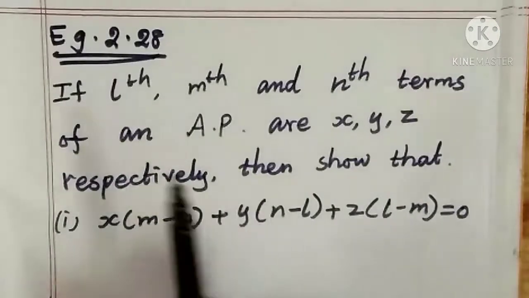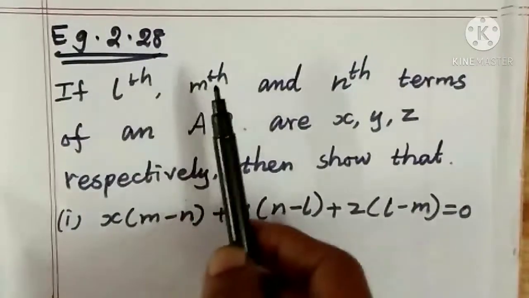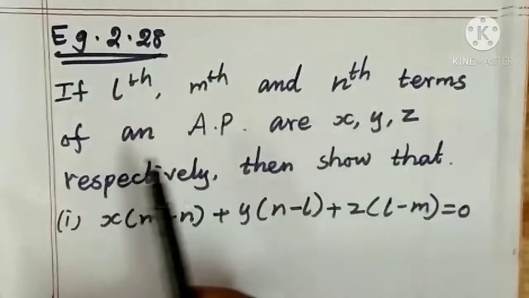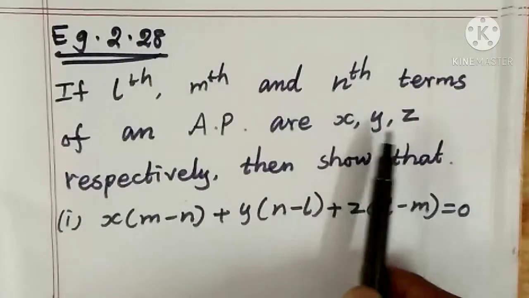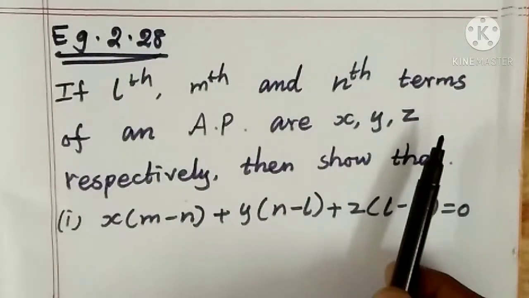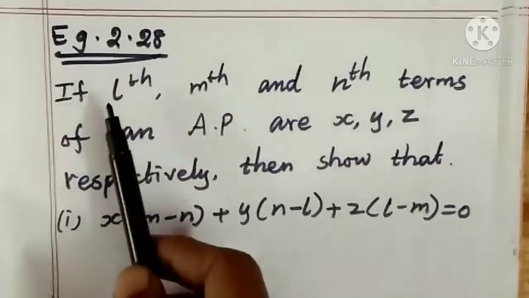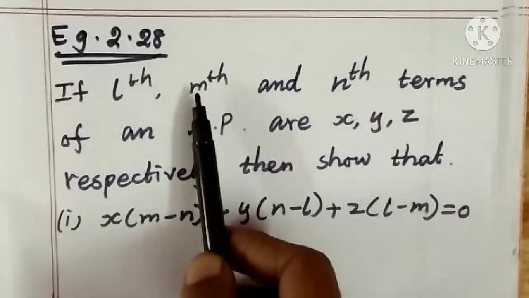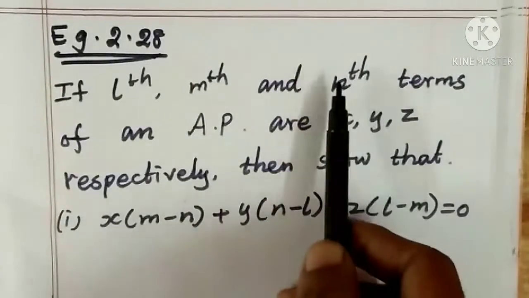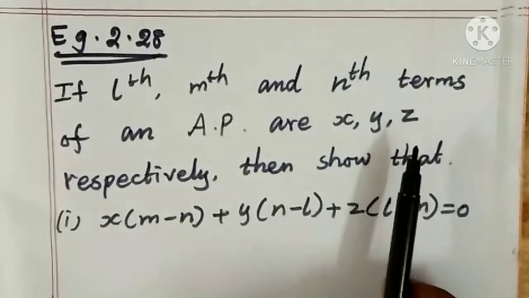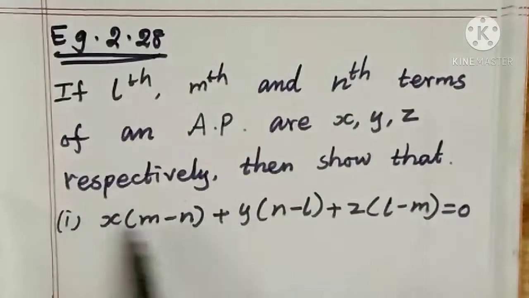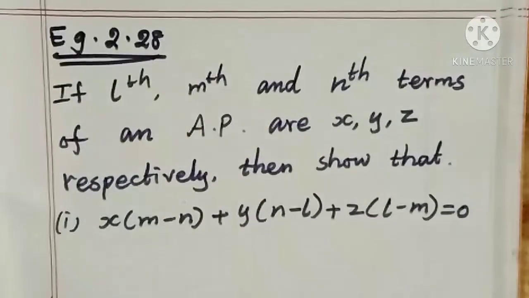In this question, the Lth, mth and nth terms of an AP are given as x, y, z. That is, TL is equal to x, Tm is equal to y, Tn is equal to z. We have to verify the given statement. Let us do the solution.